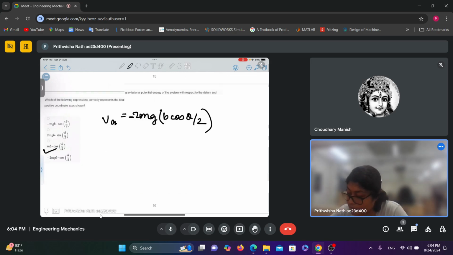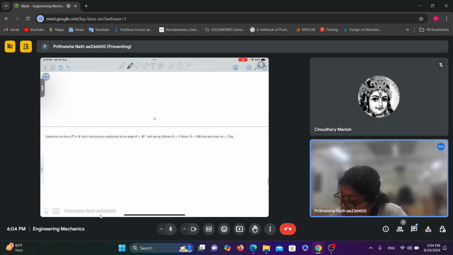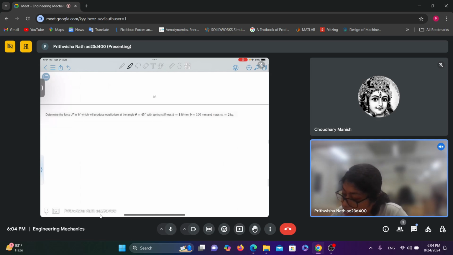Now, next part of the problem. Determine the force P in Newton which will produce equilibrium at the angle theta 45 degree with spring stiffness K equals 1 Newton per millimeter and b equals 100 millimeter and mass m equals 2 kg.